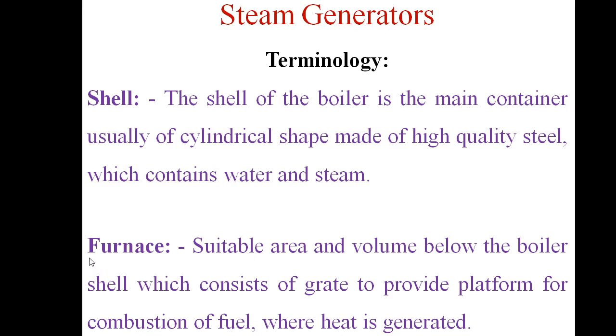So the furnace is a suitable area and volume below the boiler shell which consists of a grate to provide a platform for combustion of fuel where heat is generated. This is the main place where heat is extracted from fuel by its combustion.